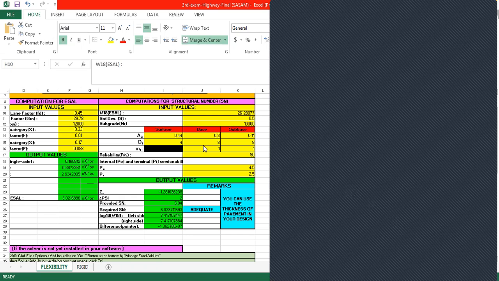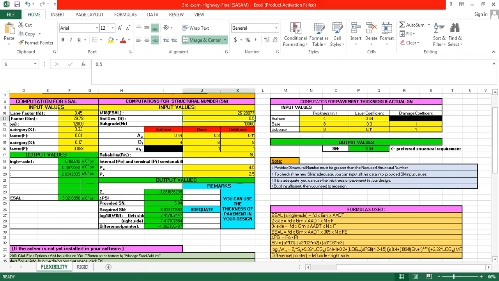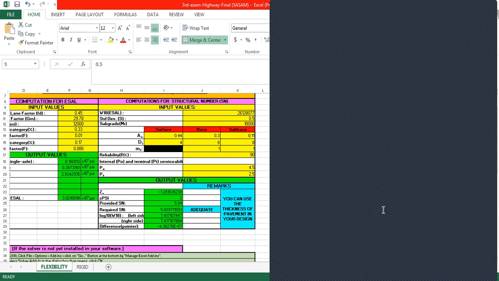For the standard deviation, it would be 0.5, while for the subgrade MR, it would be 10,000. The reliability, I want it to be 90% confident.